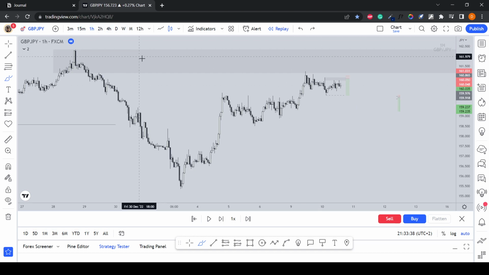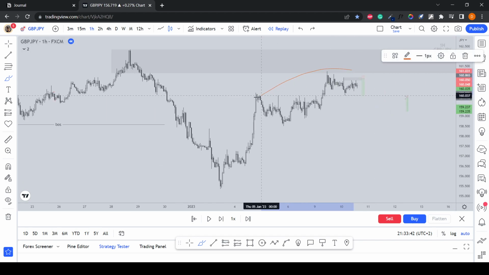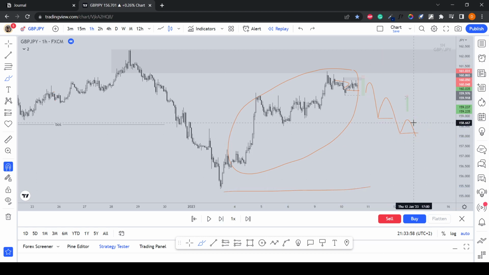So once again, if you are entering somewhere here, it's less likely that your trade will work out, compared to if the price already did some breakouts on its way to the lows, and you enter somewhere here.